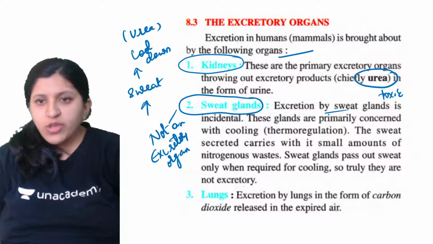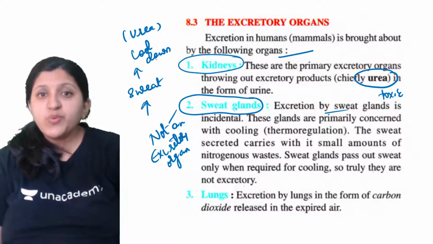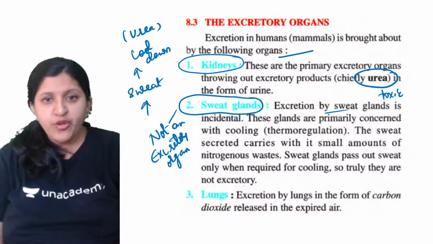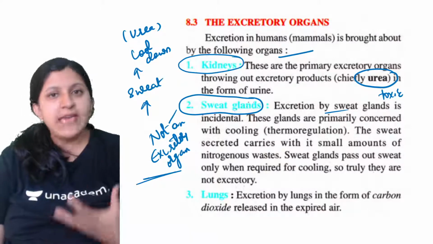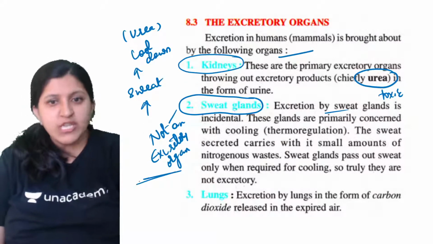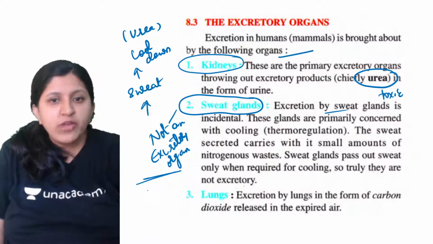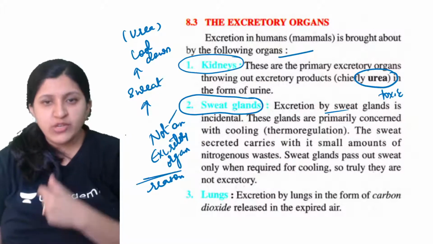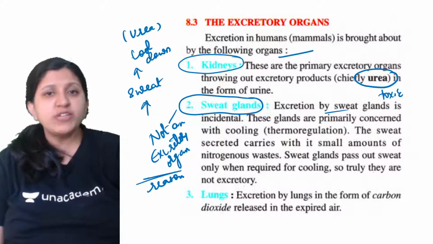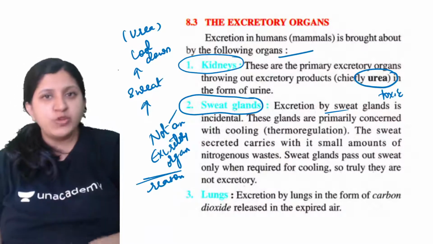For your board exam, they will ask this question: why is the sweat gland not an excretory organ? You should be able to give the reason: sweat production is not a way to get rid of urea. It occurs mainly to cool down your body.